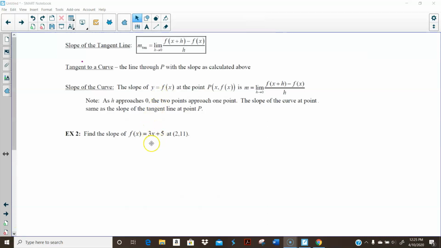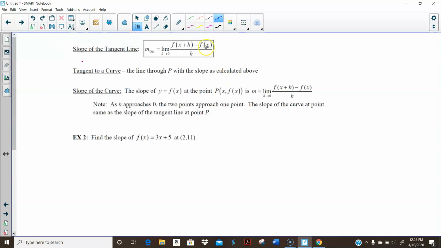Now, even though we know that the slope is 3 because the function is linear, let me show you how you could actually use this formula to find the slope in a different way. We're going to use this formula right here, and we will get 3 again. Let me get my pen.